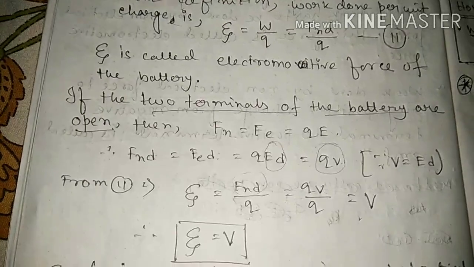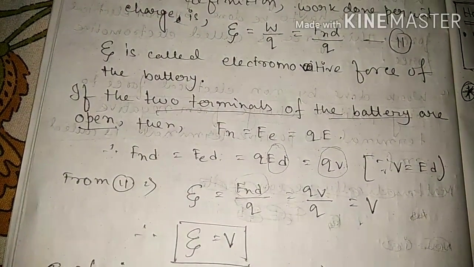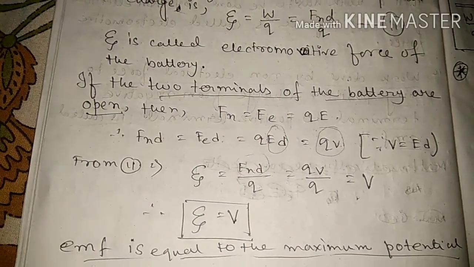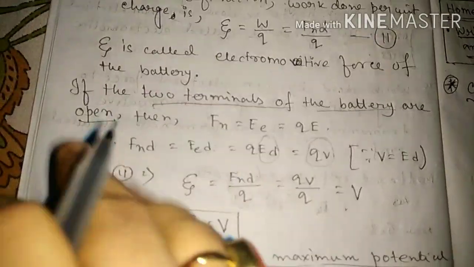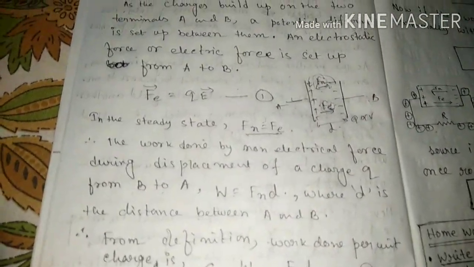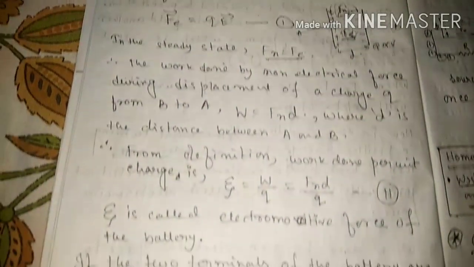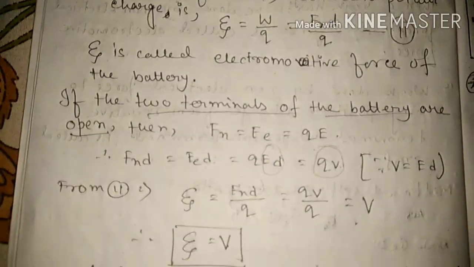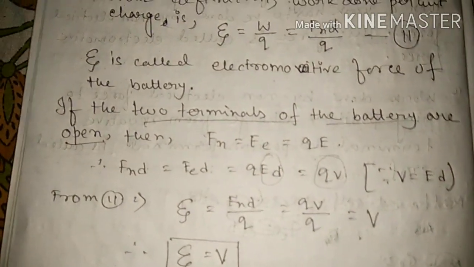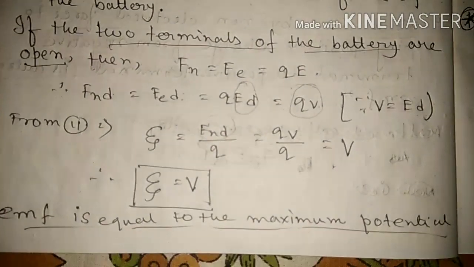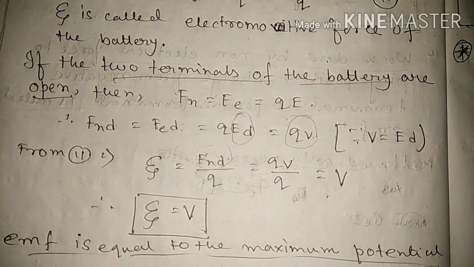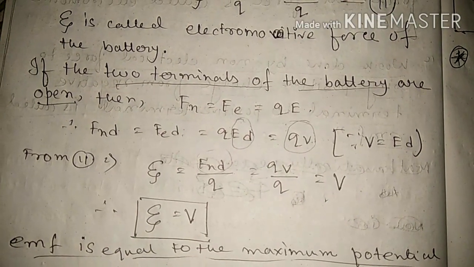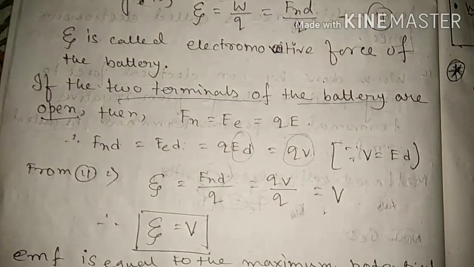During the open circuit, the potential difference is equal to its electromotive force. Clear? Mathematically we can prove the EMF is equal to the maximum potential difference between the terminals when the two terminals of the battery are open.